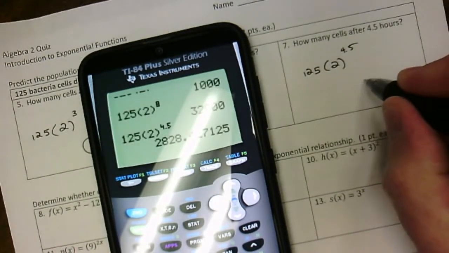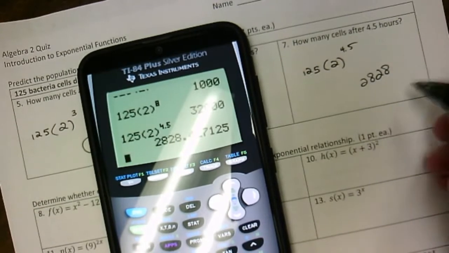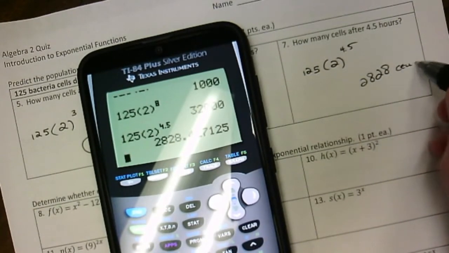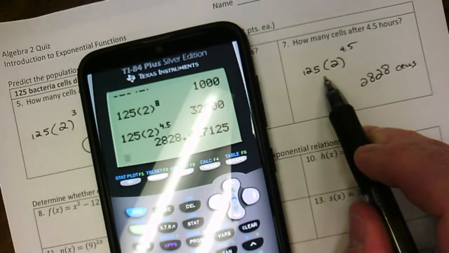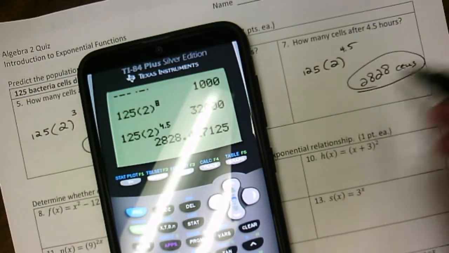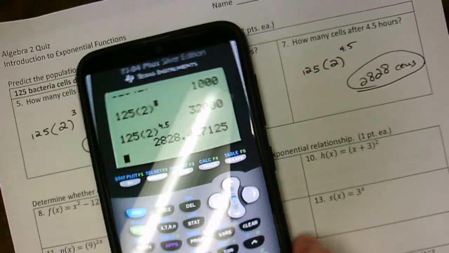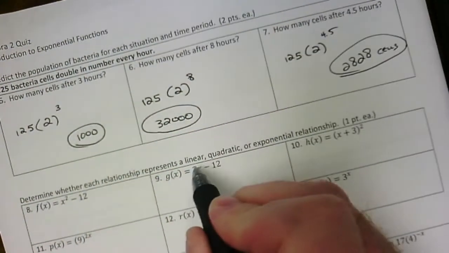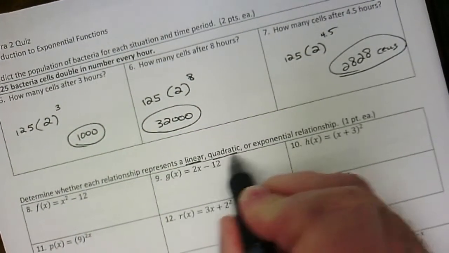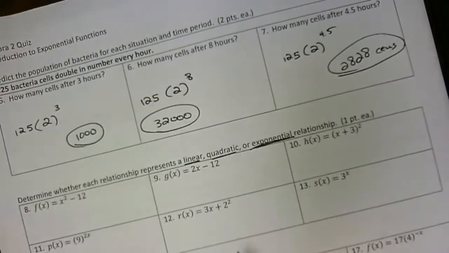So about 2828. If you want to put the decimal, that's fine, but we're talking about bacteria cells. And if you show your work, show your answer, you're going to get full credit for that, no matter how you round it.